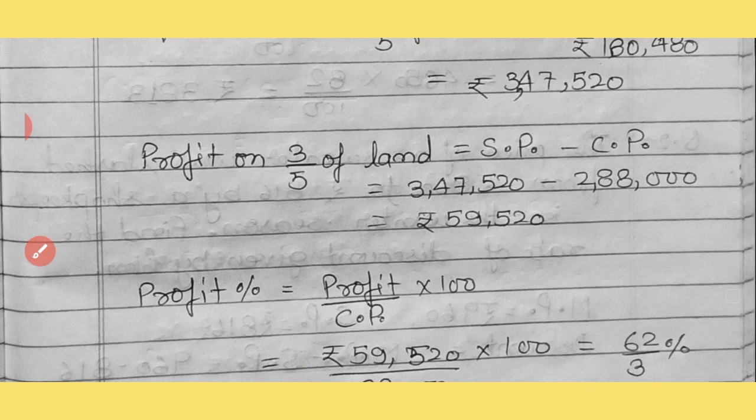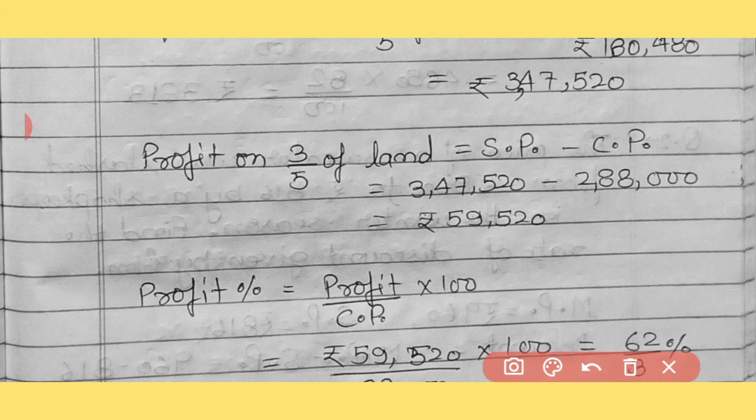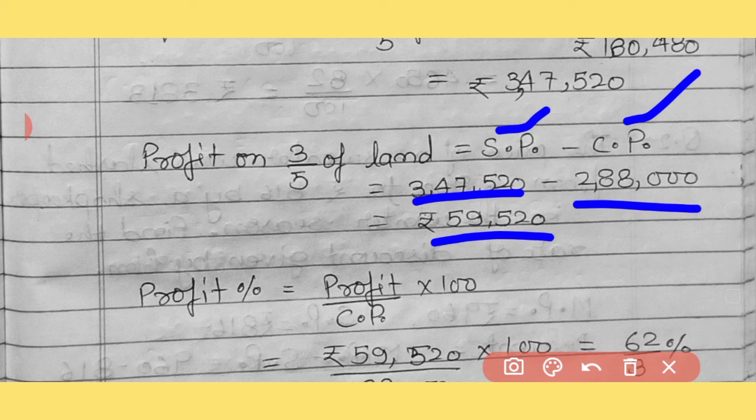So what profit is required on the 3/5 of the land to make it 10% on the whole transaction? 3,47,520 is the SP of the 3/5 of the land and its CP is 2,88,000. So 3,47,520 minus 2,88,000 becomes 59,520 rupees. He gets a profit of 59,520 rupees.